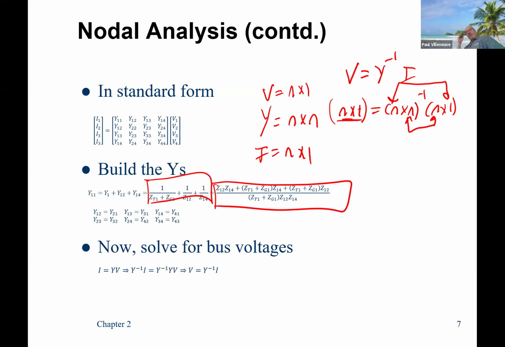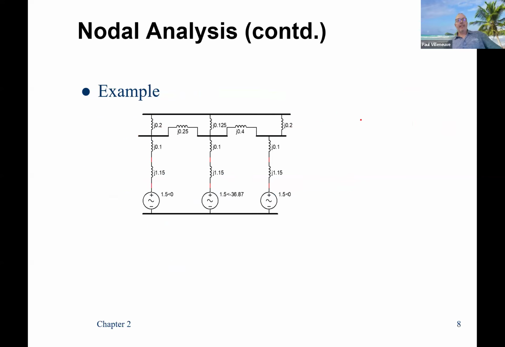So it's important, and this is where when you start using your calculator or MATLAB, you've got to make sure you're entering things in the right order. It has to be V equals the inverse of Y times I, not I times the inverse of Y, because you'll get dimension problems.